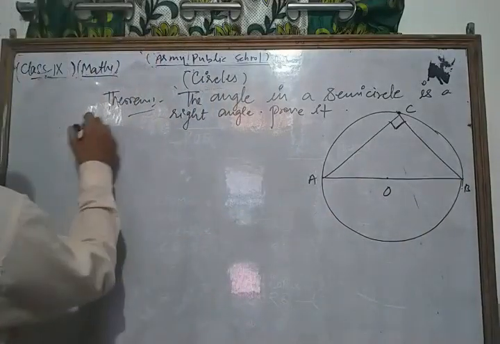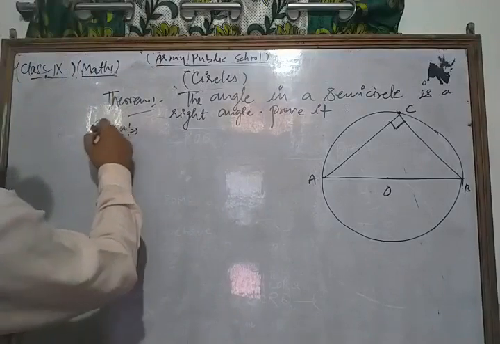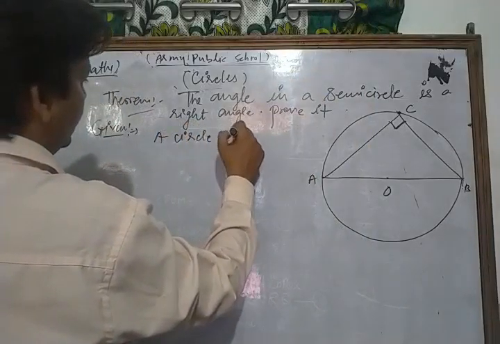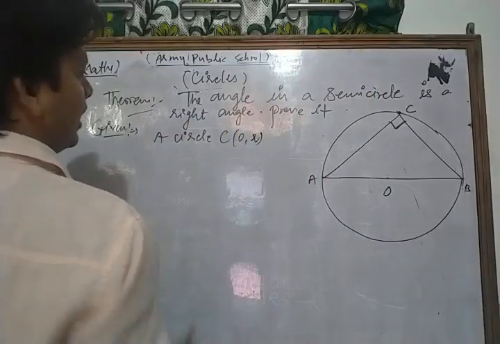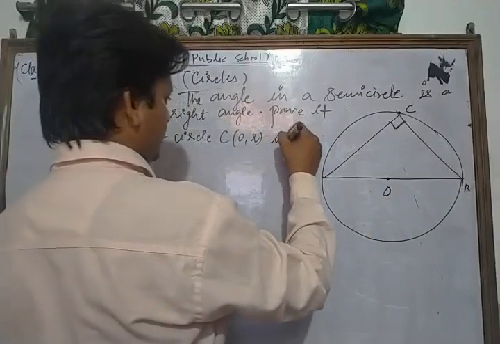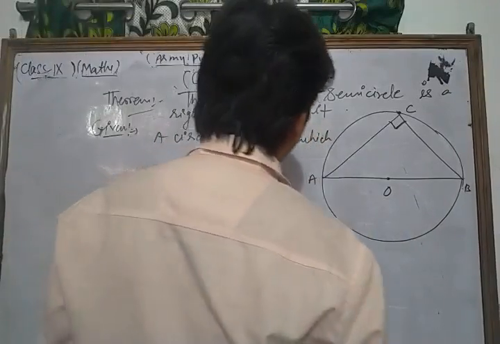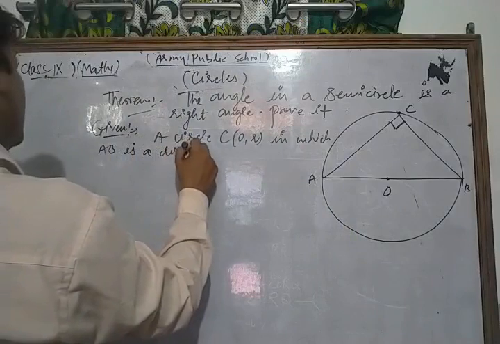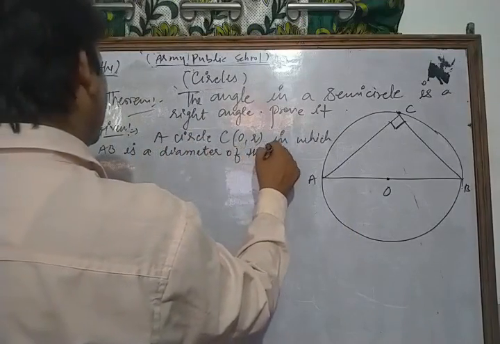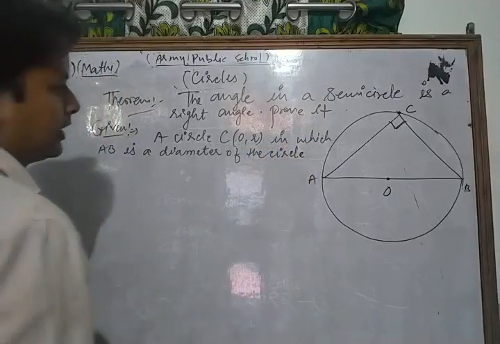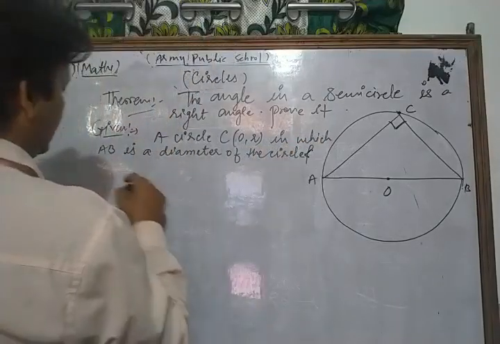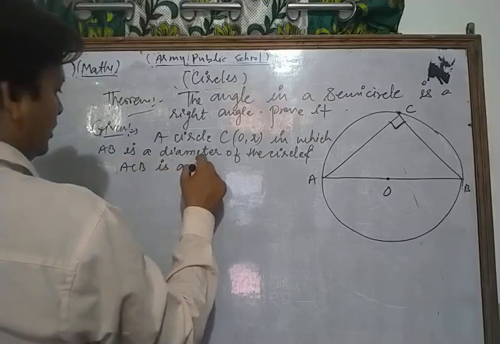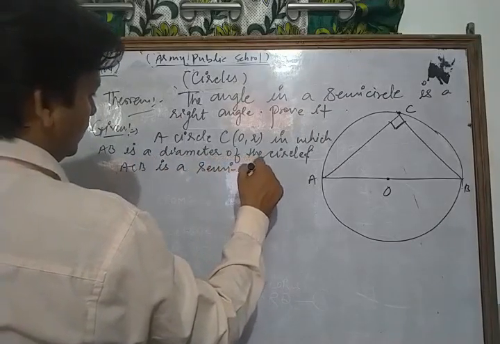Now first of all, we write Given. In given we write a circle C with center O and radius R, in which AB is the diameter of the circle, and ACB is a semicircle.